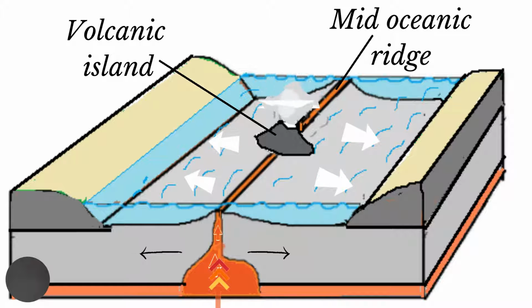Where divergence occurs in oceanic plates, a long rift will be created in the plate, and magma from the asthenosphere will rise to fill in that gap.